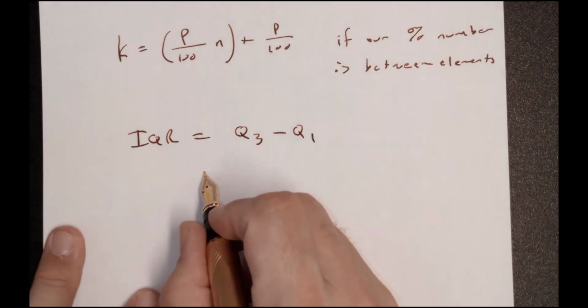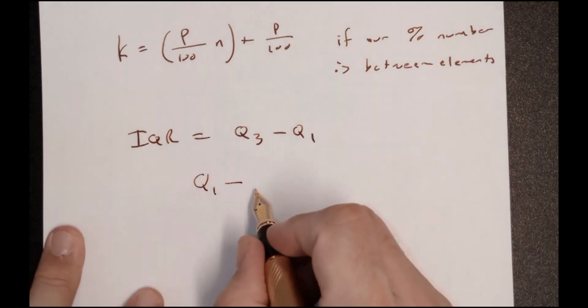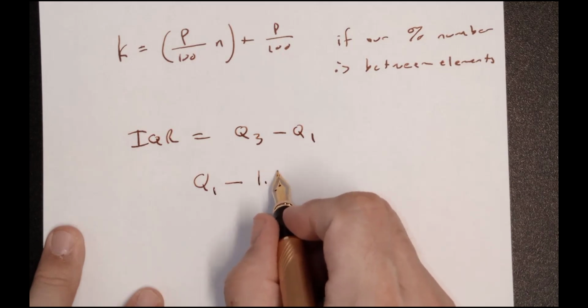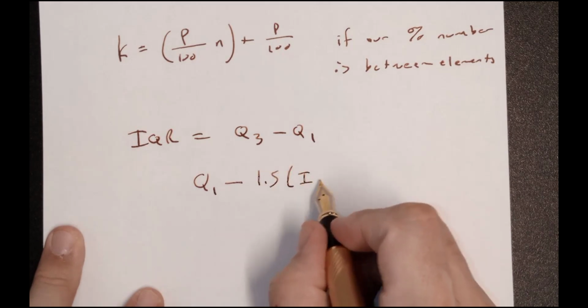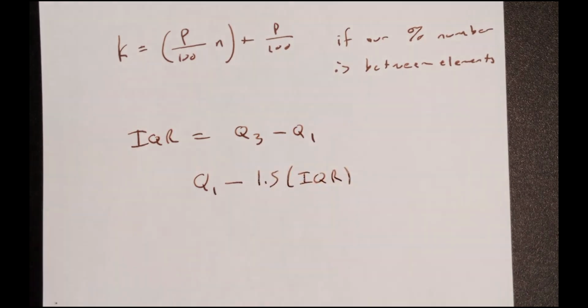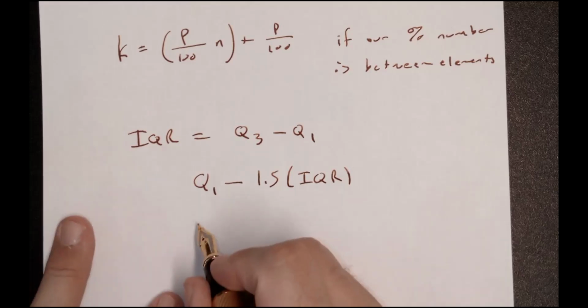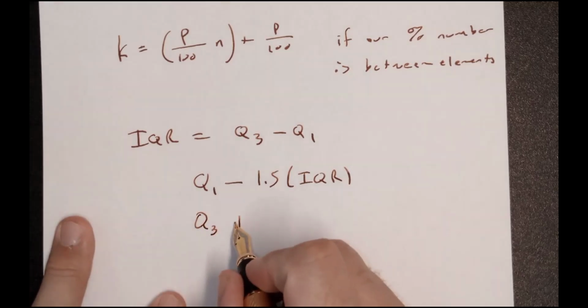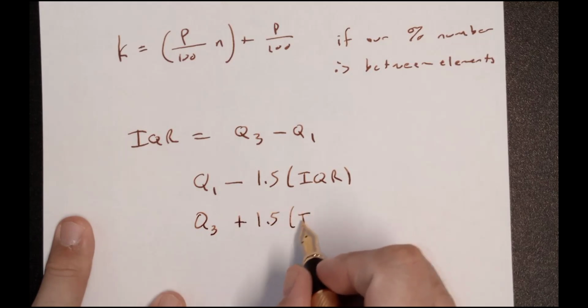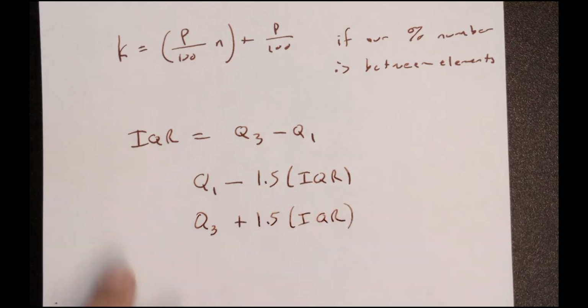I'm going to take Q1 minus 1.5 times this. Anything below that is an outlier. I'm going to take the third quartile and add 1.5 times this. Anything above that is an outlier.